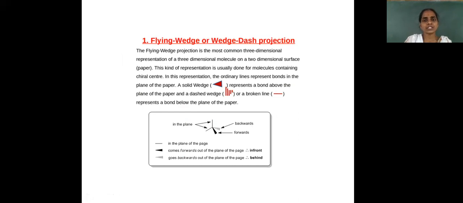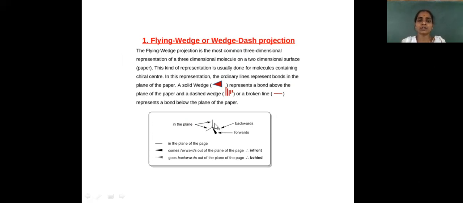What is meant by a wedge dash projection? How can we represent a 3D molecule by the wedge dash projection? First, this is a chiral carbon, where the chiral carbon is attached to 4 different groups.